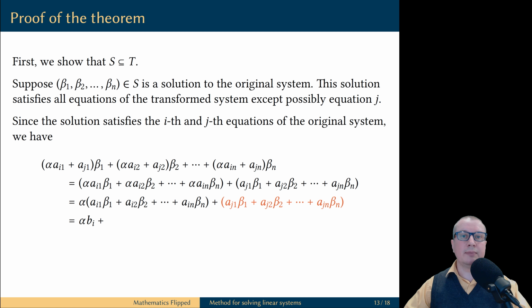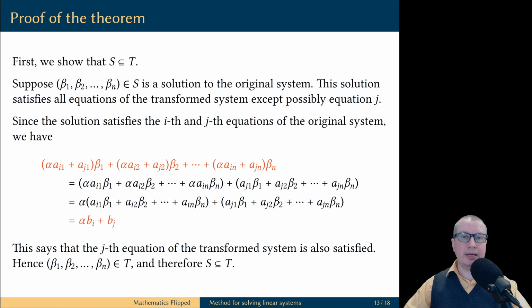In particular, betas satisfy equation number j of the original linear system, and therefore the left-hand side of that equation evaluates to the right-hand side of the equation when you substitute betas for variables. Now look at the beginning and the end of this computation.